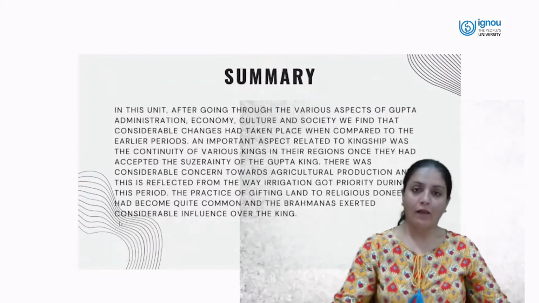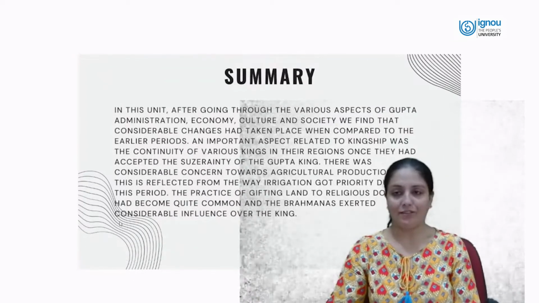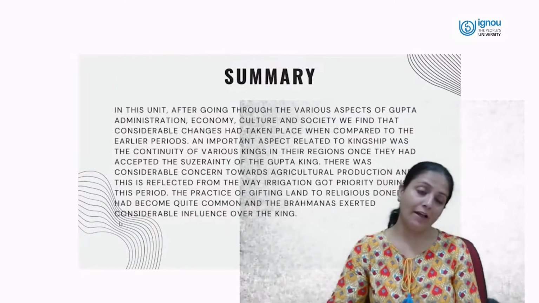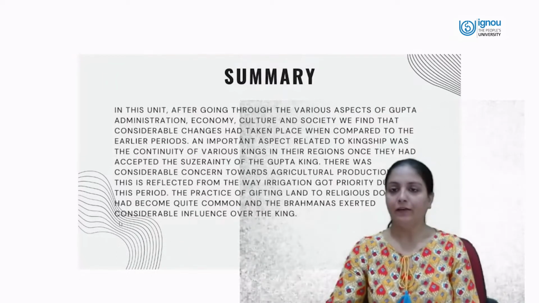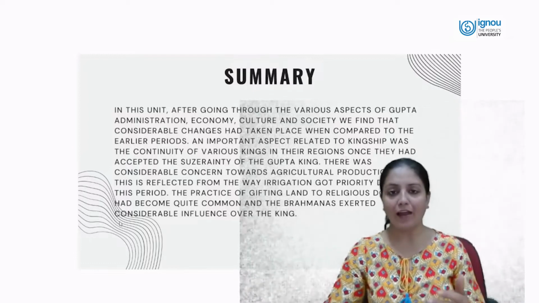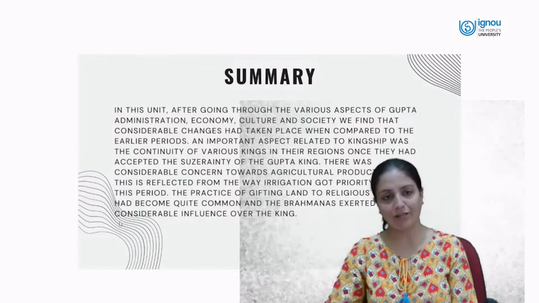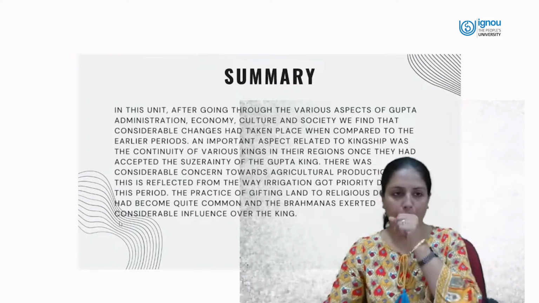Okay. Next, as you all know about the Varna system, we have discussed it earlier, so I'm not discussing it much. In my previous classes, I have discussed a lot about the Varna system: Brahmins, Kshatriyas, Vaishyas, and Shudras.